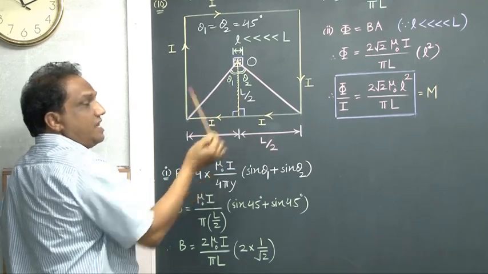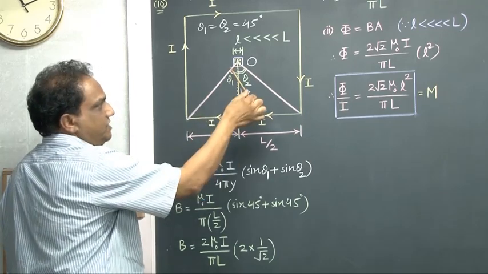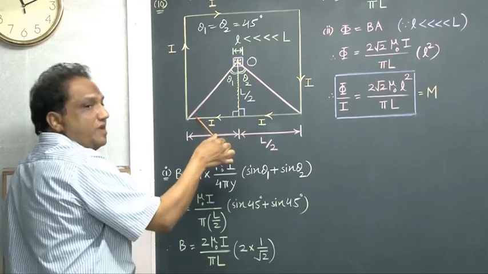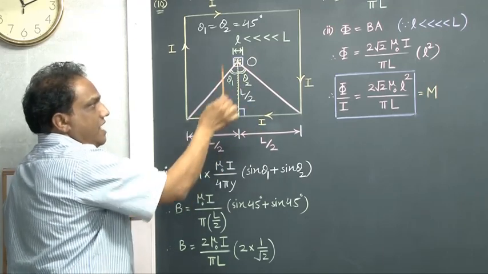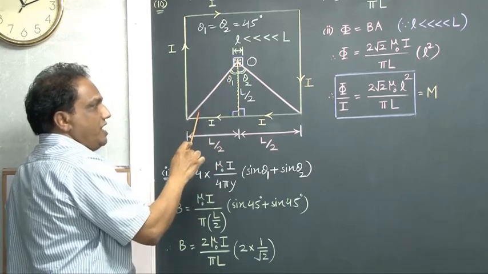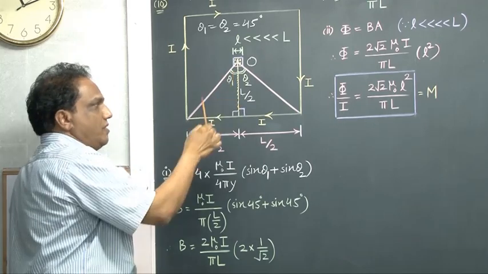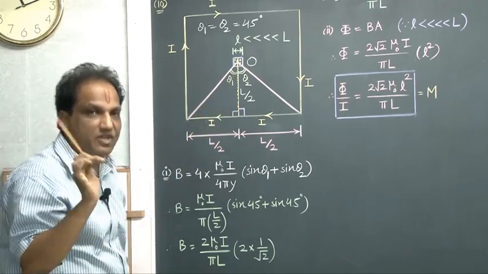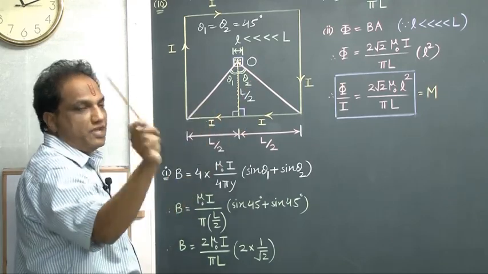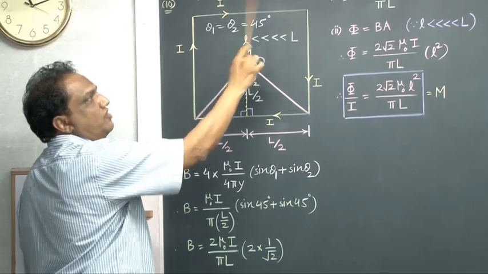So when two sides are equal, opposite angles have to be equal. So these two angles have to be equal. But in this right angle triangle, because one angle is 90 degree, the summation of the remaining two angles must be 90 degree. And just now you said that both of them are equal. So 90 upon 2, that is 45 degree. Theta 2 is also similarly 45 degree. That's why I have written here theta 1 equals theta 2 equals 45 degree.